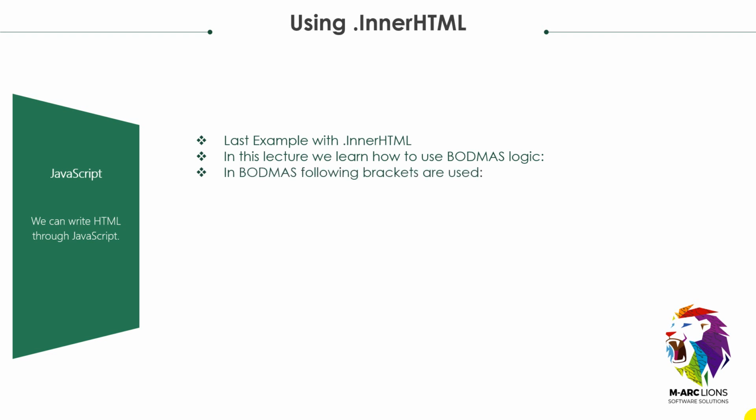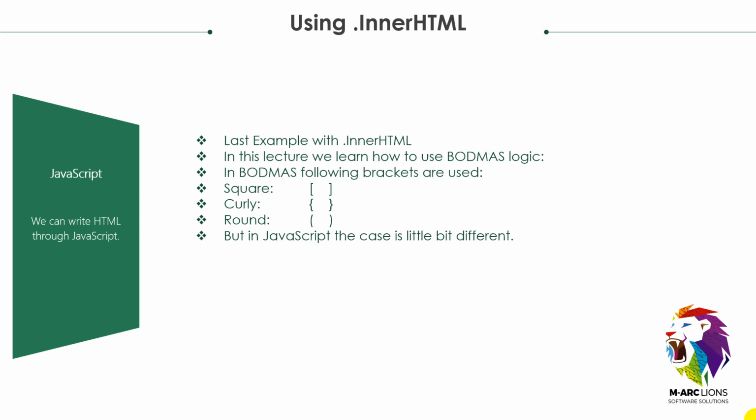In BODMAS, the following brackets are used. In mathematics there are specific brackets which are used in BODMAS, but I'm not going to go deep into that. I'm just going to explain it in the way of programming languages, how we use BODMAS in our programming language, not according to mathematics. There may be differences. First we use square brackets, then curly brackets, and then round brackets.